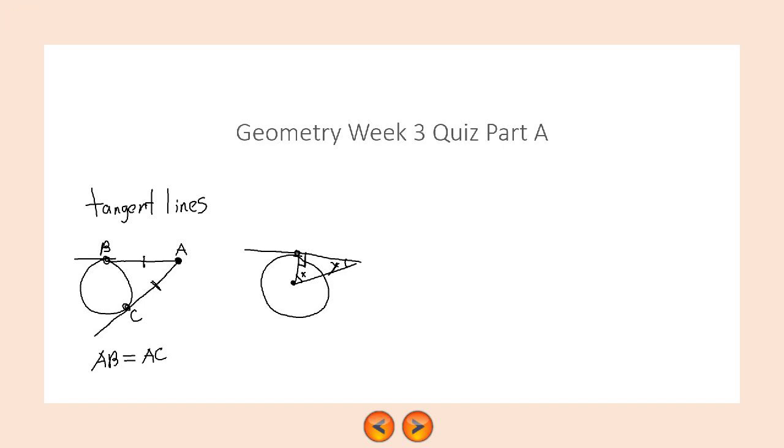We could also use the Pythagorean theorem. Remember, if you're dealing with side lengths here, it's a squared plus b squared equals c squared. You're using the Pythagorean theorem. If you're talking about the angles in this triangle, they sum to 180 degrees.